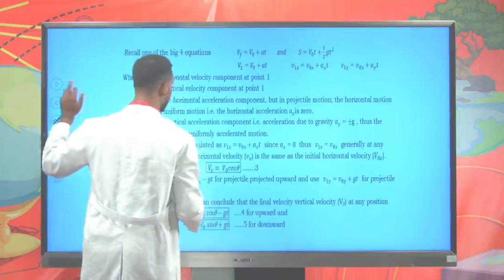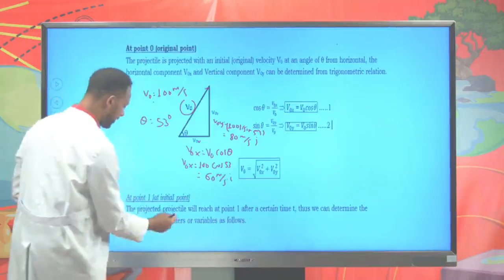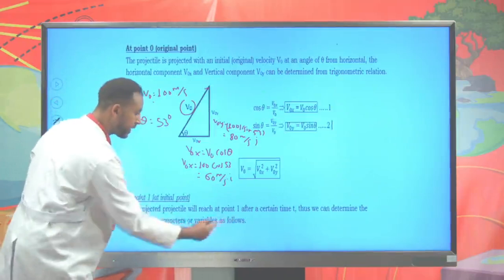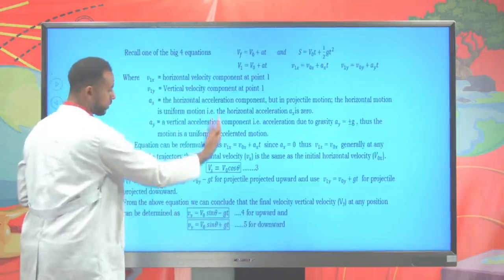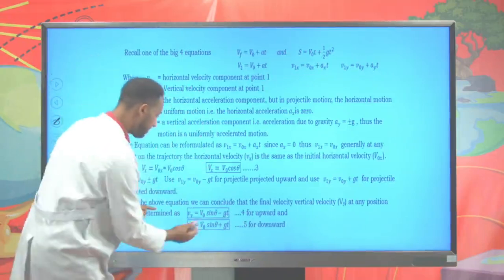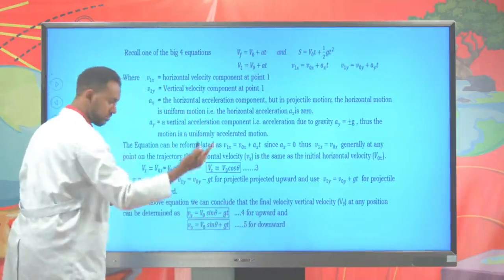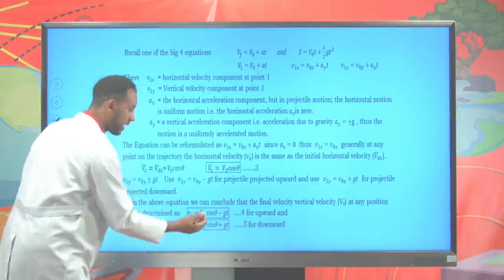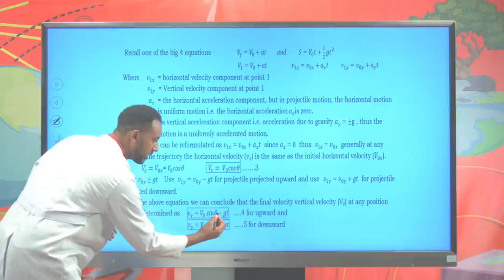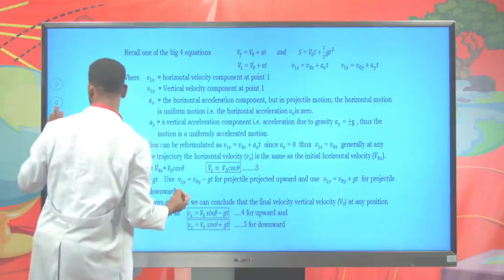To find this, at point 1, it's possible to find the velocity component among the big 4 equations. We have the vertical component along the y at some other time t: V naught sine theta minus g t.